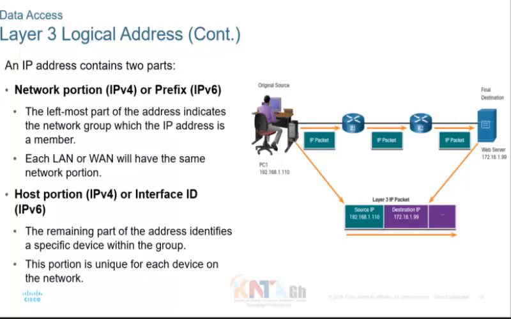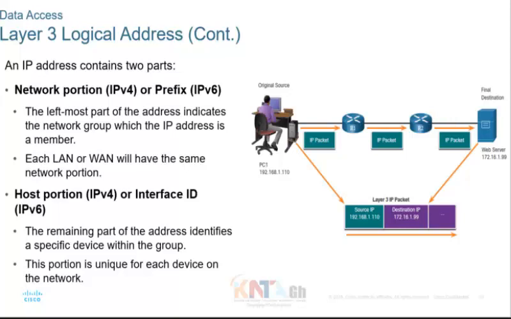So at layer 3 we have the logical addresses, which are the IP addresses. An IP address contains 2 parts. The leftmost part of the IP address indicates the network group of which the IP address is a member. We have 2 versions of IP addresses: the Internet Protocol version 4 address, and the Internet Protocol version 6 address.